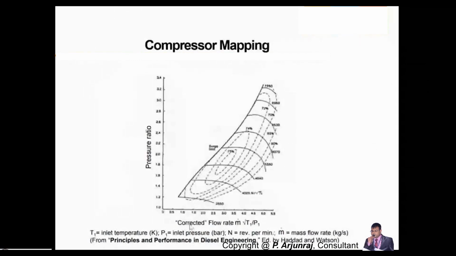say, for example, if the mass flow rate of the air is 1.5, and the pressure ratio is 2, then you need to select the value. It will come somewhere here, and you need to select the value considering the surge limit.